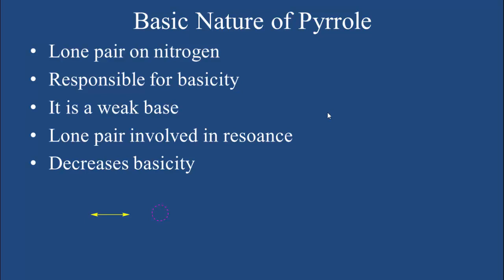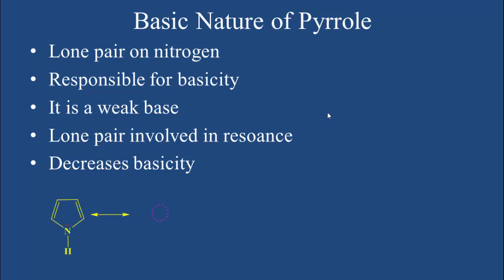Due to the involvement of the lone pair of electrons in the resonance delocalization, it is a weak base, because they are not easily available for donation to the acid, and this resonance delocalization decreases the basicity of the pyrrole.